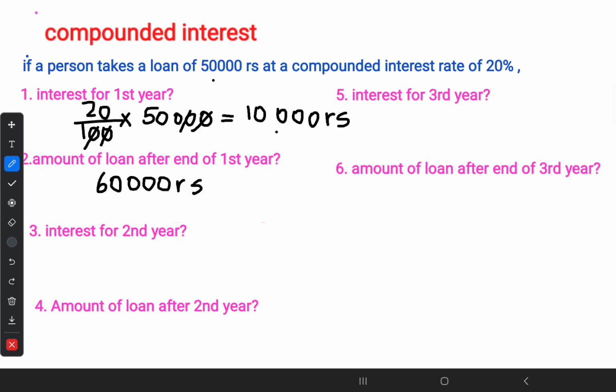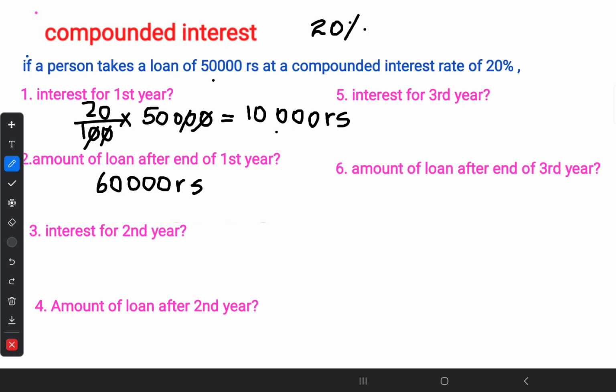You can directly use a formula to find it as well. Use the percentage as a key. If 20 percent, what does it tell? If you get 100 rupees as a loan, you have to pay 20 rupees as interest. That's what is denoted by this percentage. Likewise, think in an alternate way.